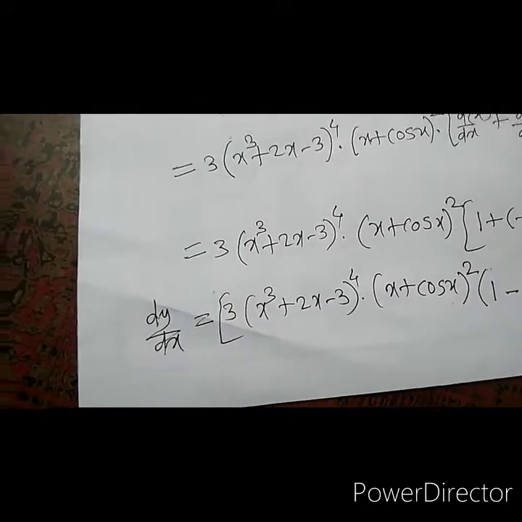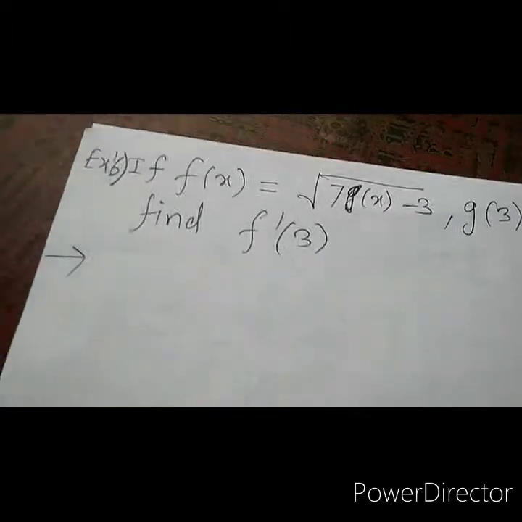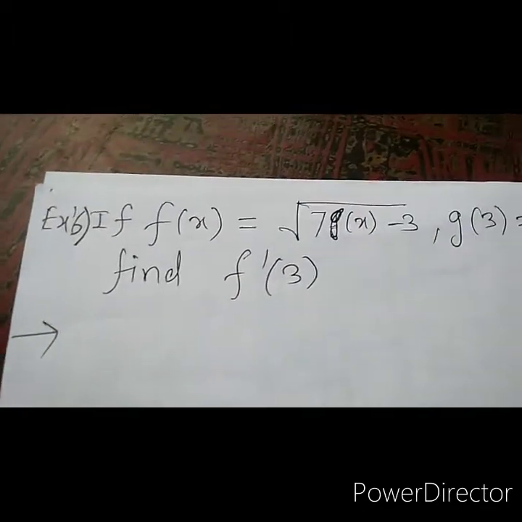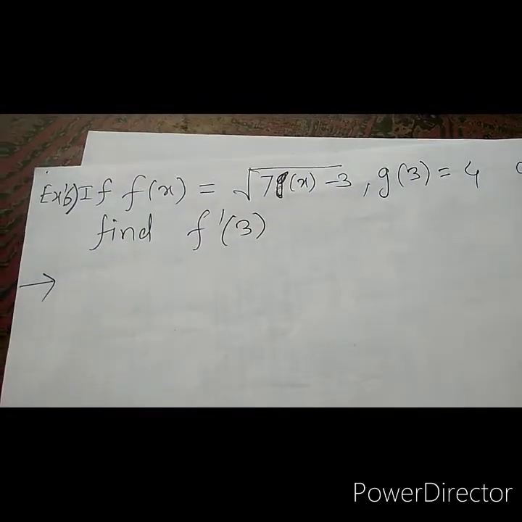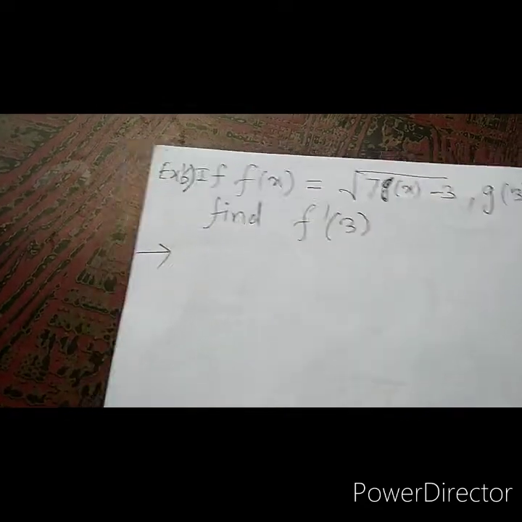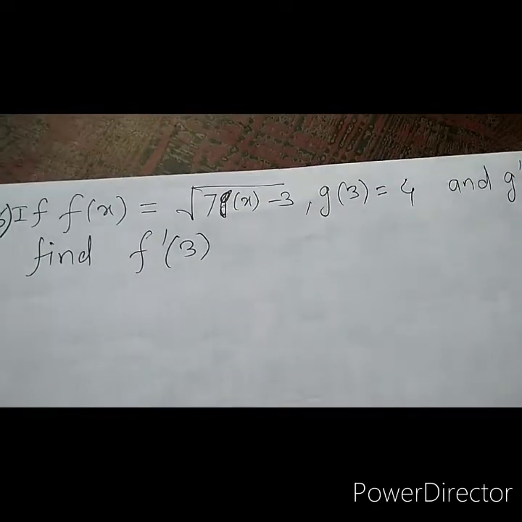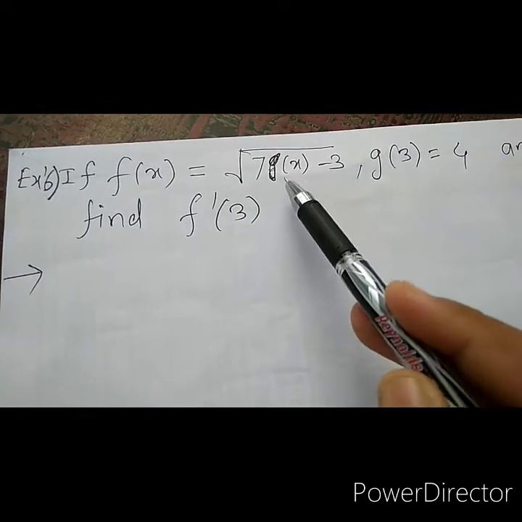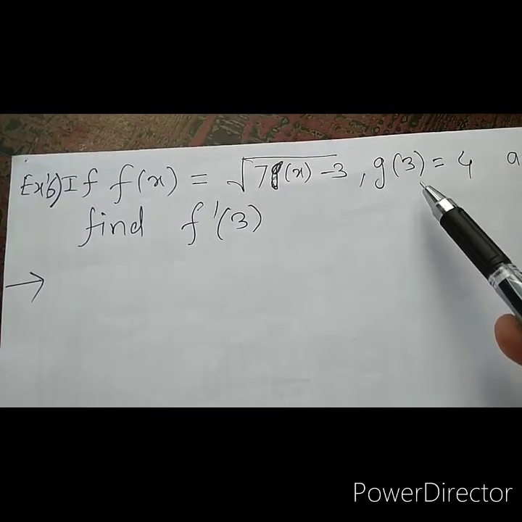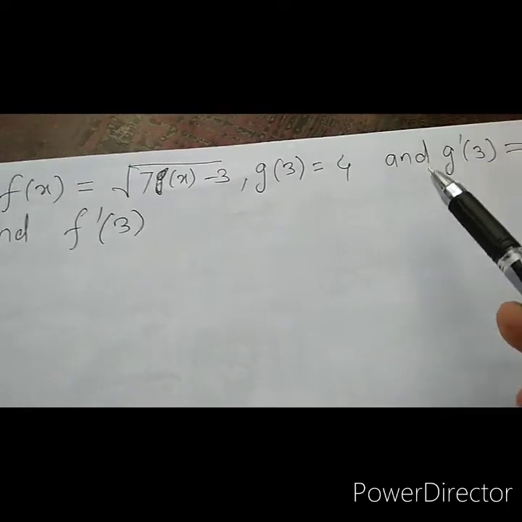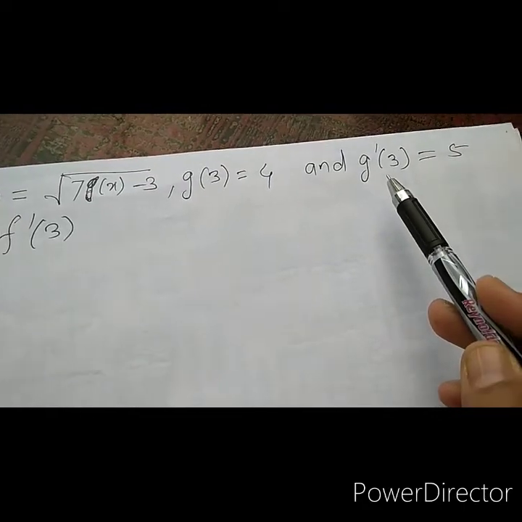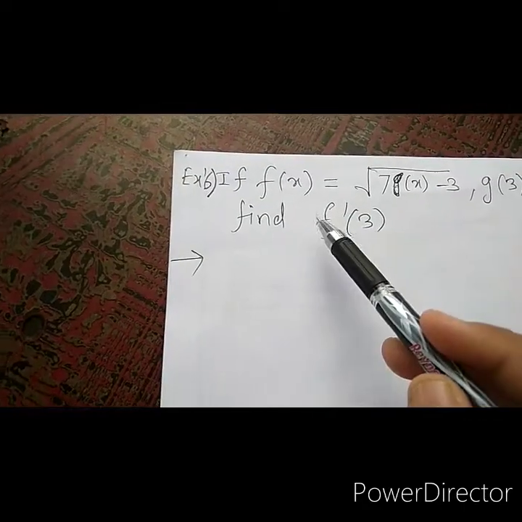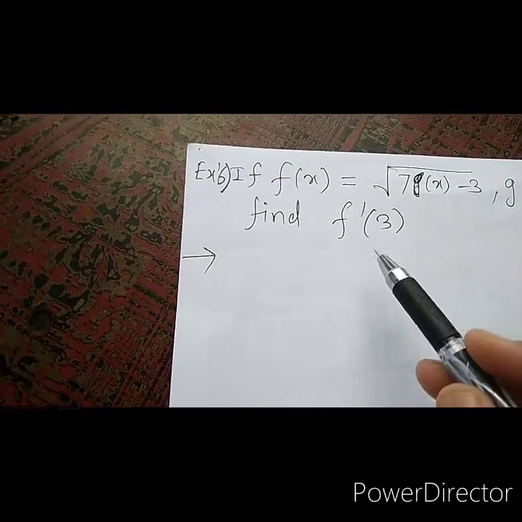Now let us see the next example. Example number 6. If f of x is equal to root of 7g of x minus 3, when g of 3 is equal to 4 and the derivative of g, g dash of 3, is equal to 5, find f dash of 3, the derivative of f at 3.